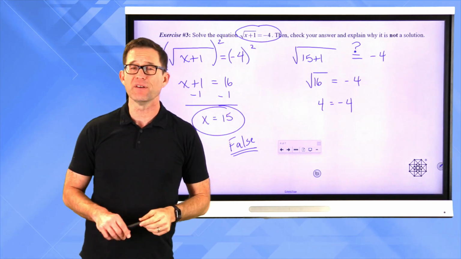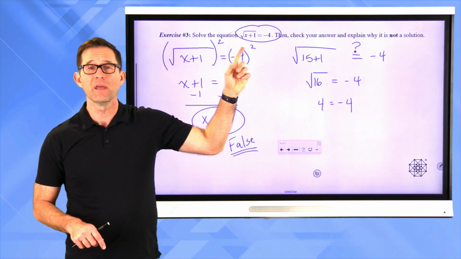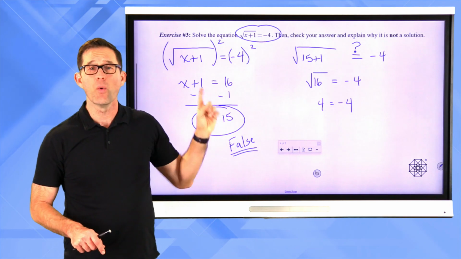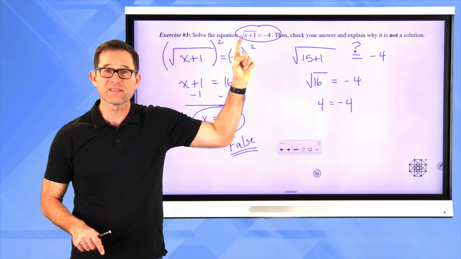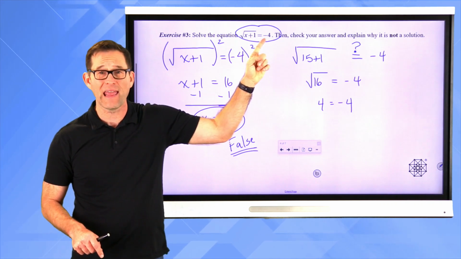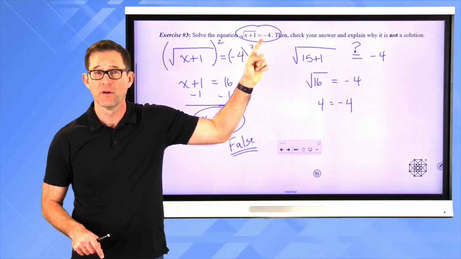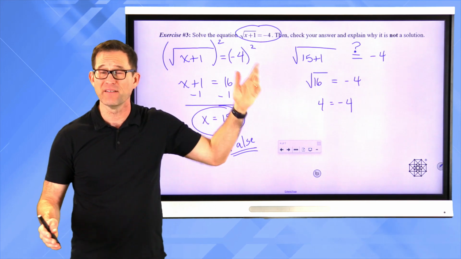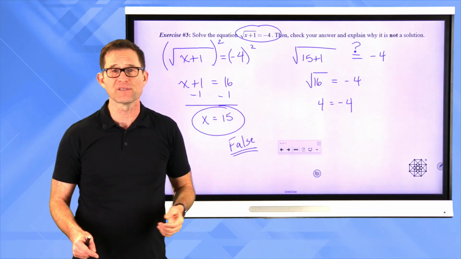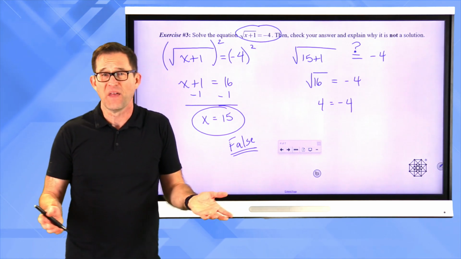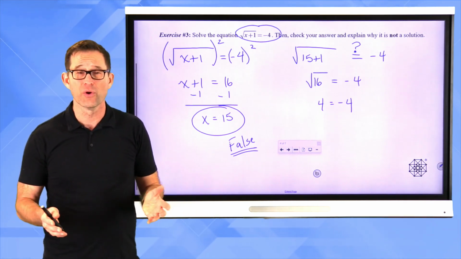Now, for those savvy students, you can look at this immediately and say, there's no way this equation has any solutions, because the positive square root of x plus 1 can't be equal to a negative number. It just can't be, right, by definition. And in fact, when you do the check, you end up with something like this, which makes you go, well, that's obviously not true.